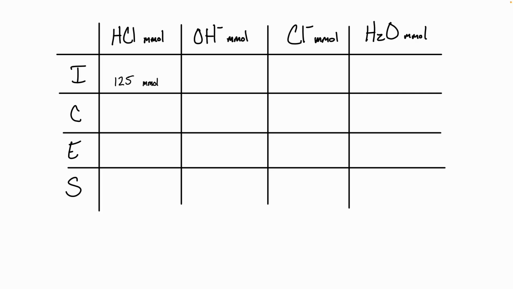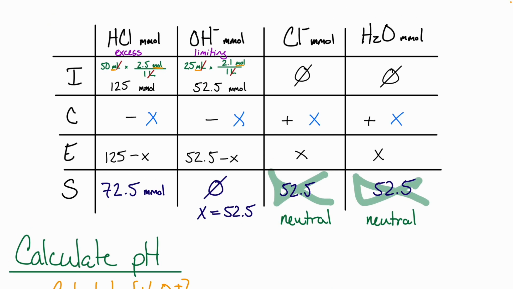Okay. Importantly, in terms of strategy-wise for our calculation, and the previous step, we determined that we had reacted some of that. So now we only have 72.5, right? You could pick up with that number and keep on doing your calculation, but it makes it so much more difficult. Just go back to that original solution concentration, and then work with there, pretending every single time you did your calculation, rather than picking up with where you left off last time.